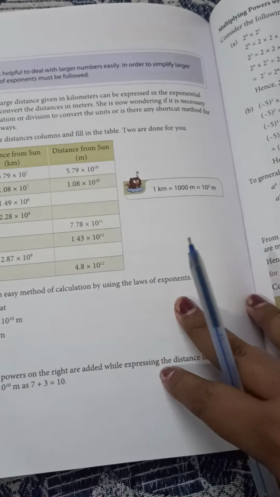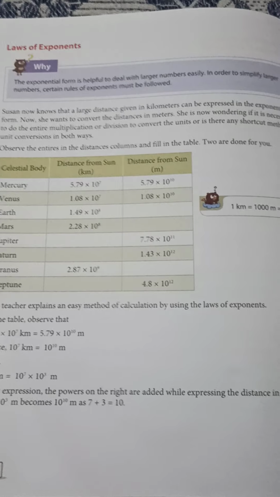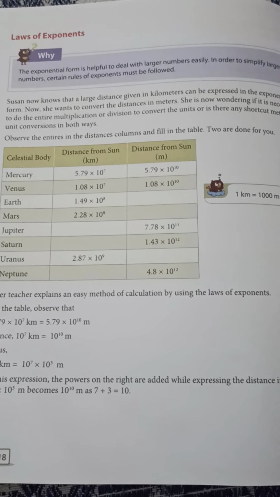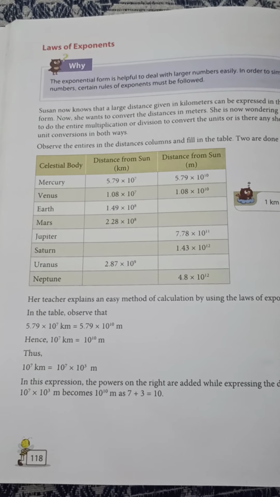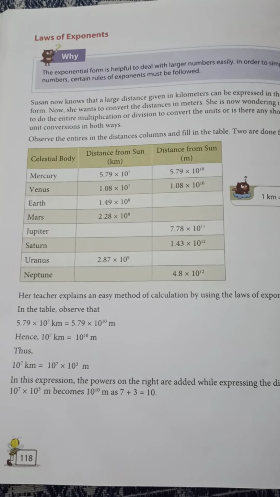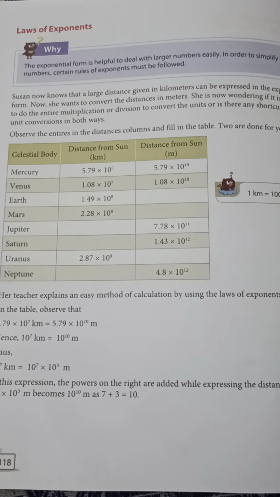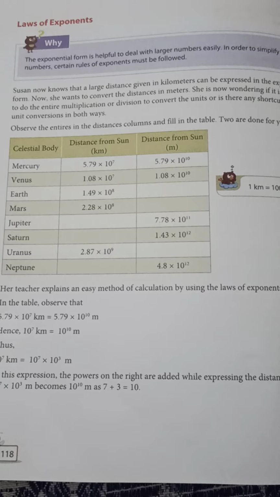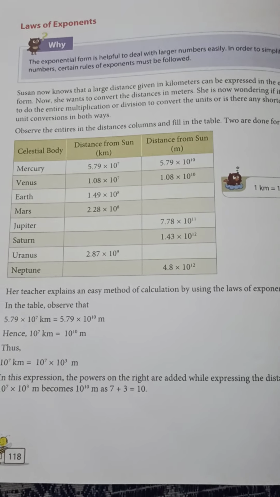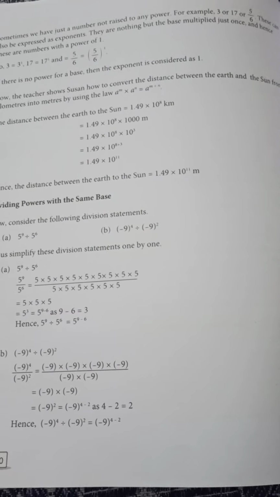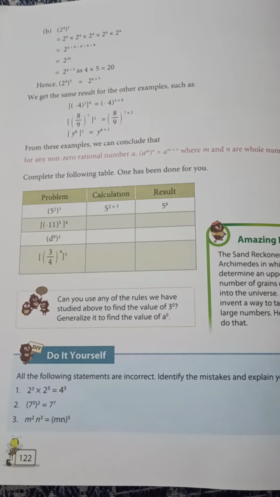After this, second topic which we have done, that is laws of exponents. In laws we have studied how to multiply the power with the same base, how to divide the power with the same base, and what you will do if power of any base is 0. Right?